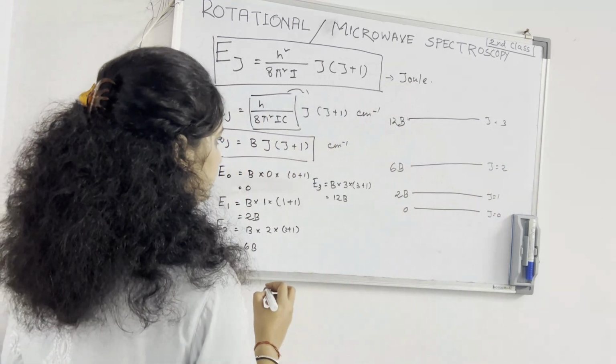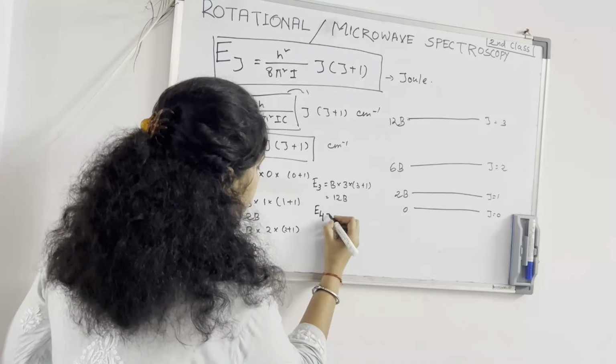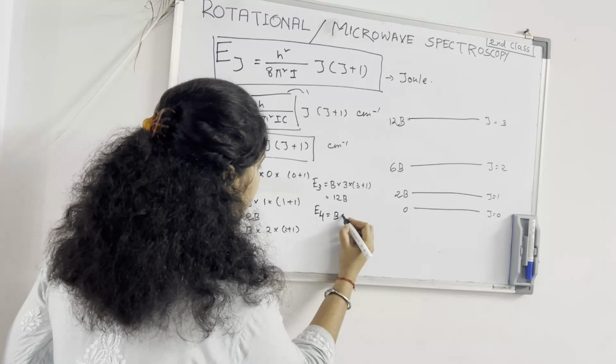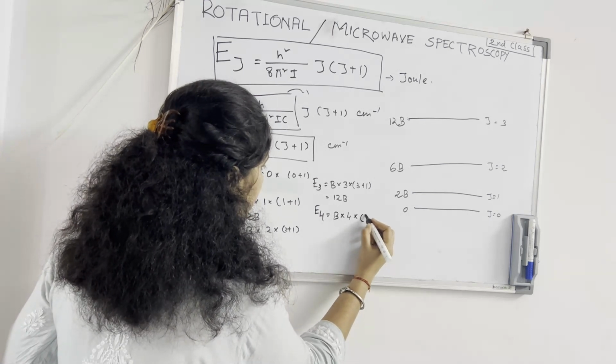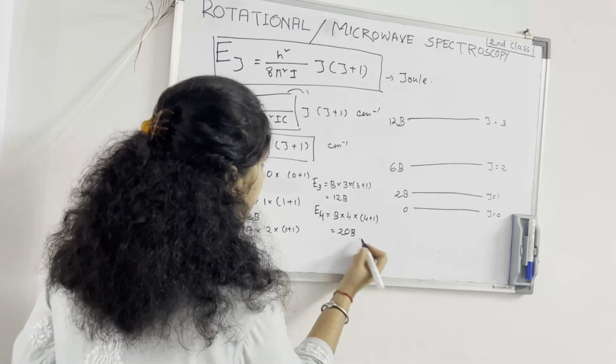Now another level, when J is equal to 4, then E4 is equal to B into 4 into 4 plus 1, that is equal to 20B.